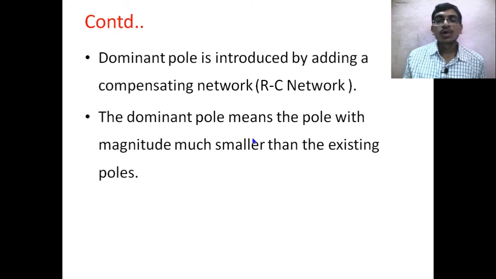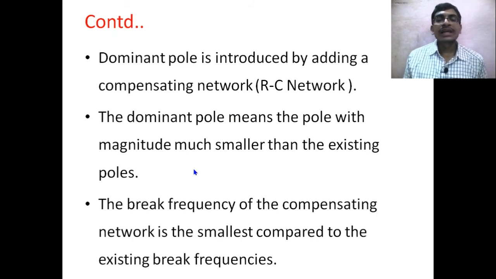The break frequency of the compensation network is smaller when compared with the existing break frequencies. So when we use this compensation, before the original break frequency occurs, the gain will start rolling off.